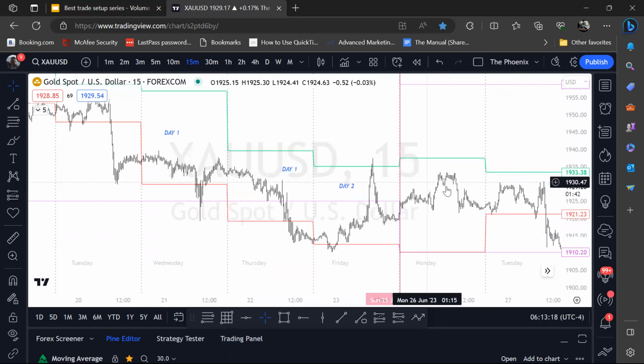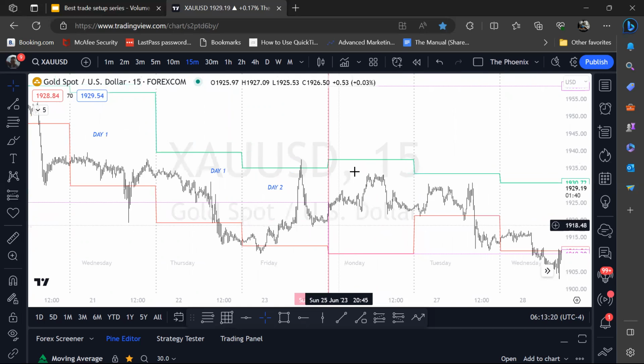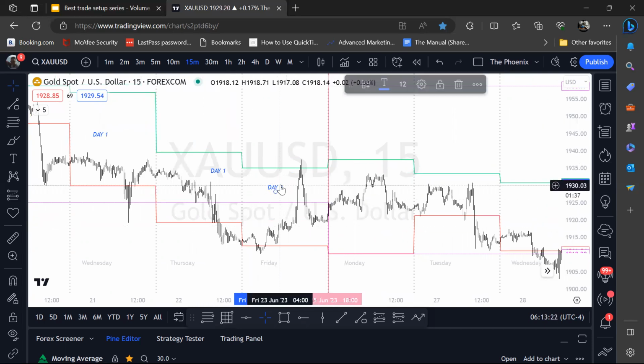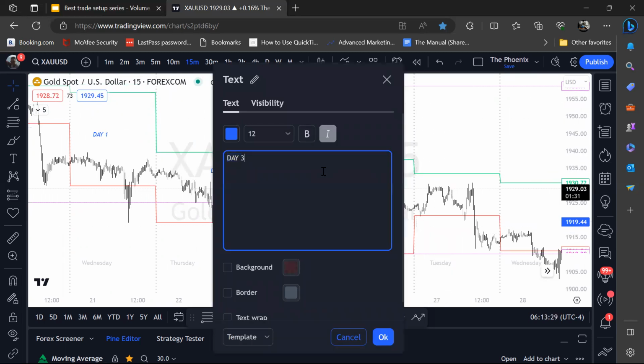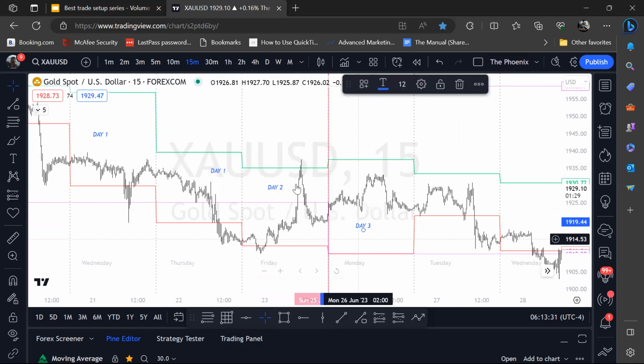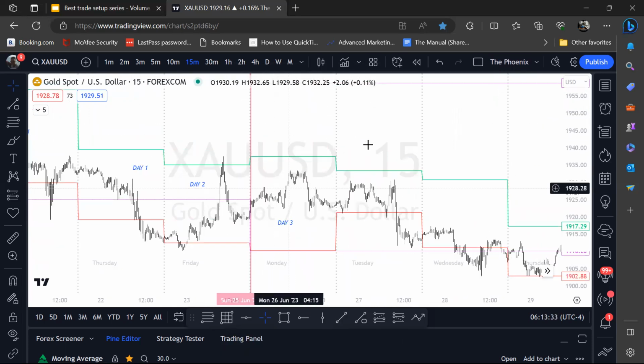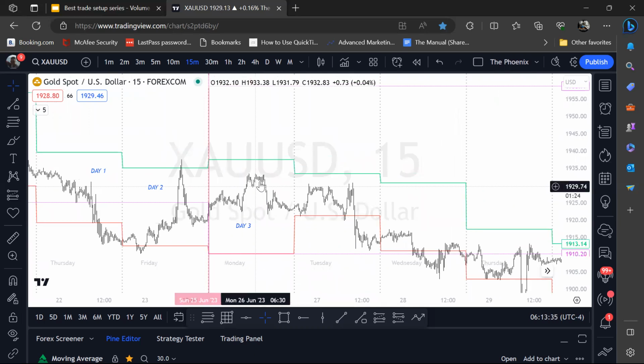So day two, and then we would have had day three, which is an inside day in this case. It has breached neither the high or low of the previous day, and the count has reset.